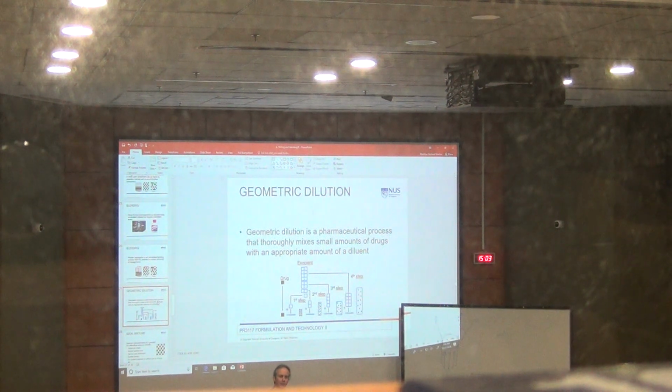This is what blending usually does. It puts mechanical energy into a powder to achieve a dispersion. And if you understood that, then you also understand that the amount of powder on which you put your mechanical energy matters. This is the basis for geometric dilution.